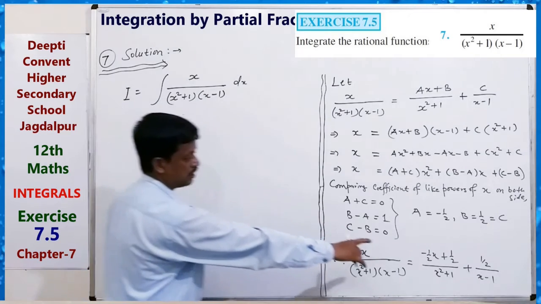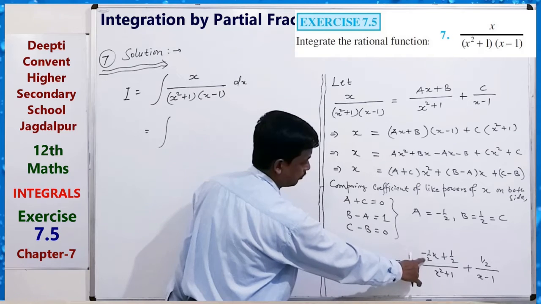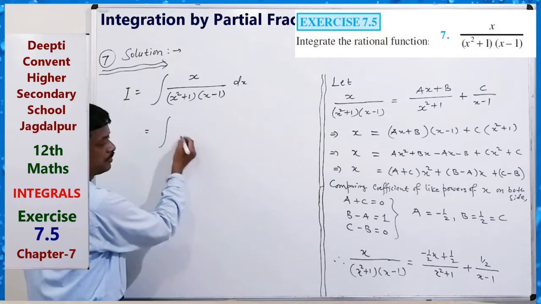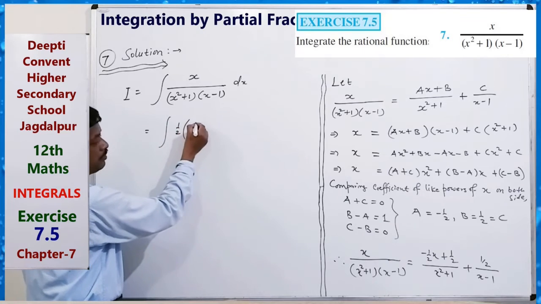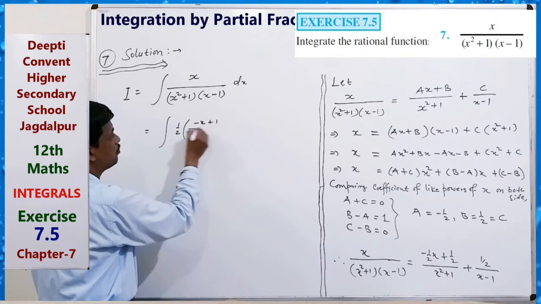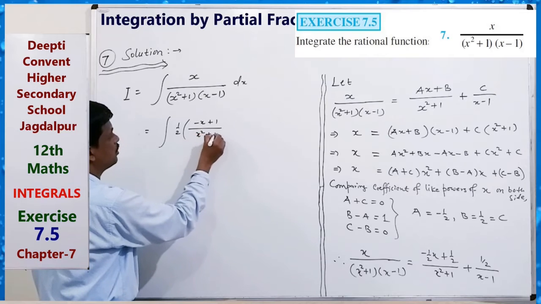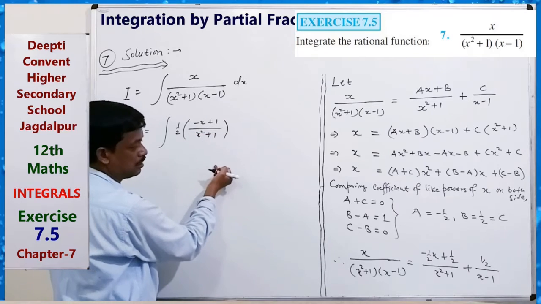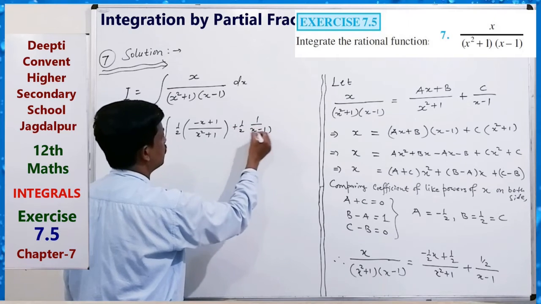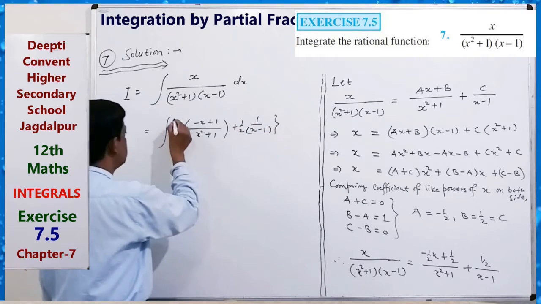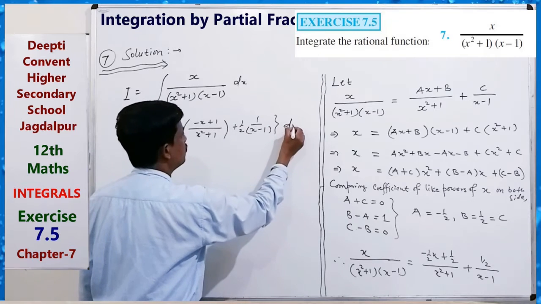So taking half common, half of minus x plus 1 upon x square plus 1 plus half 1 upon x minus 1. So this is our partial fraction value.